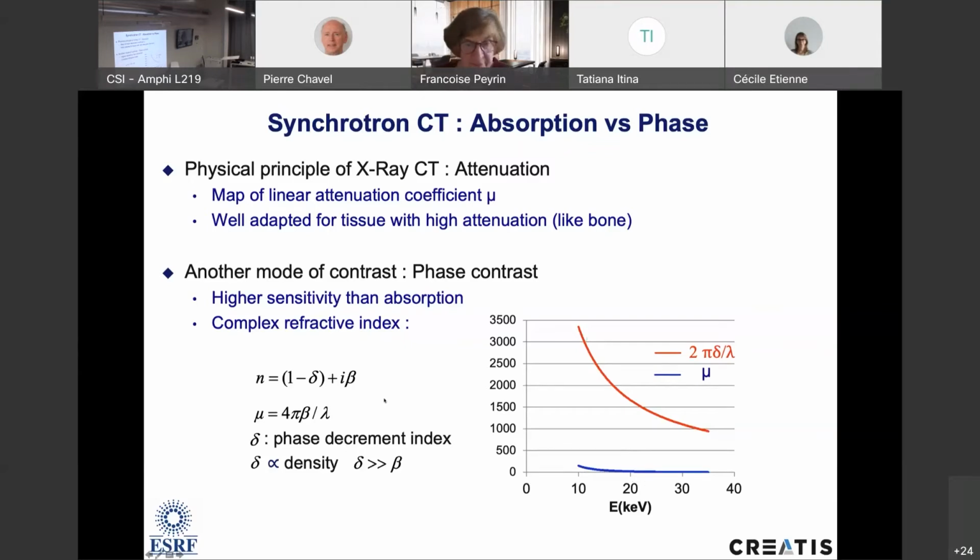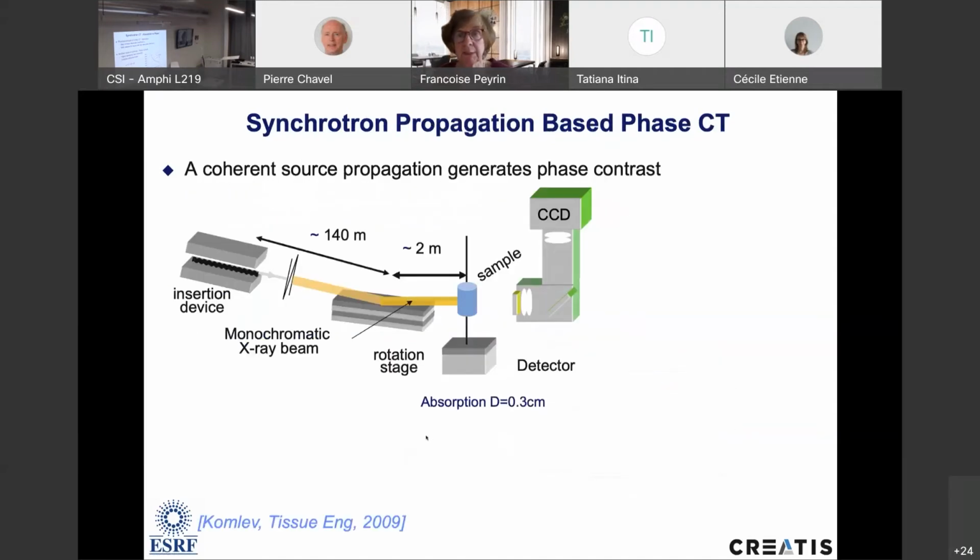The problem is that it's not really simple to image this phase decrement index with a standard X-ray source, but thanks to the coherence properties of the synchrotron beam, it is quite easy to image this effect with a synchrotron CT system.